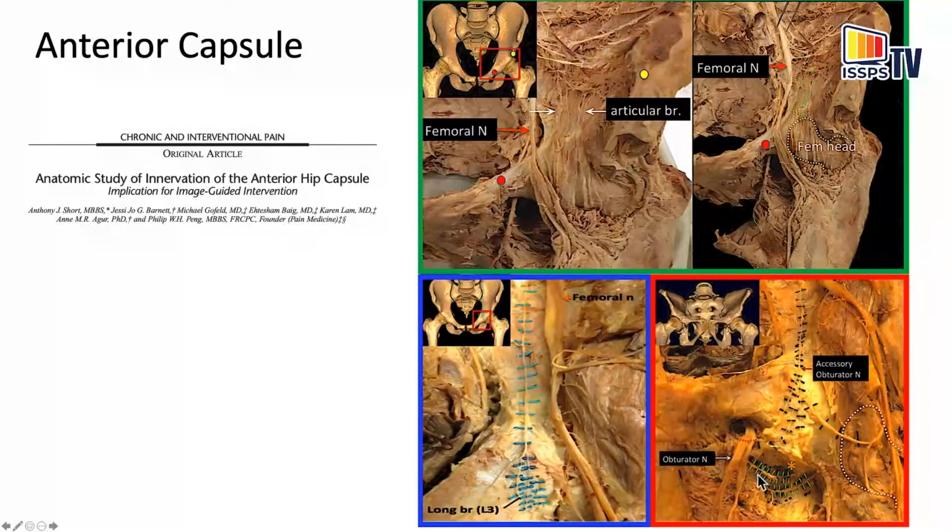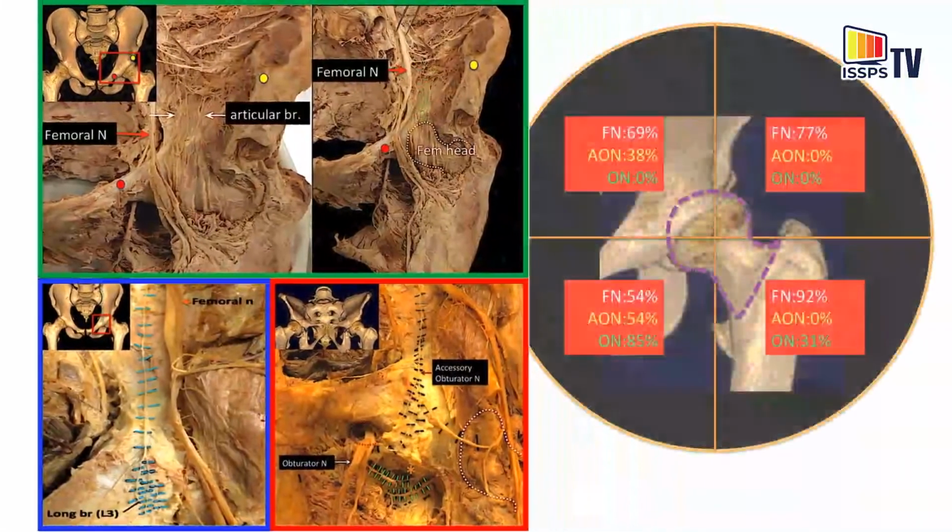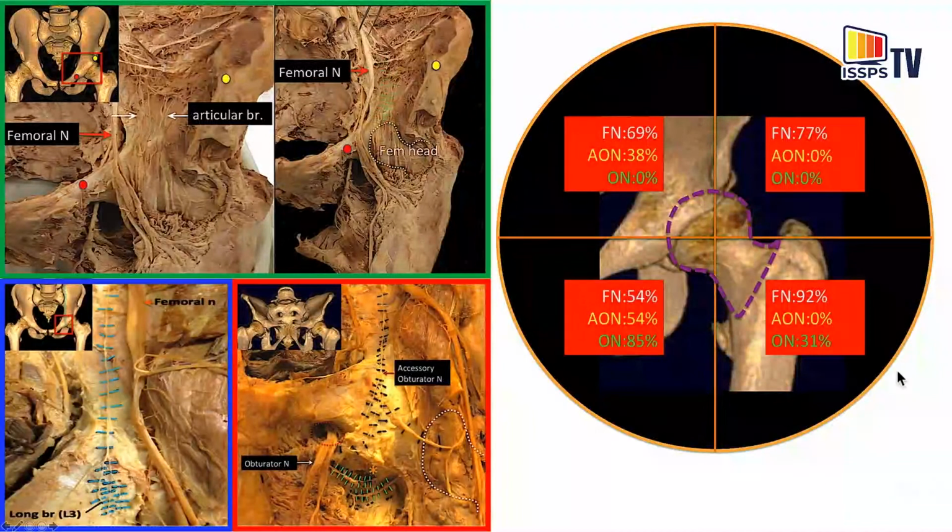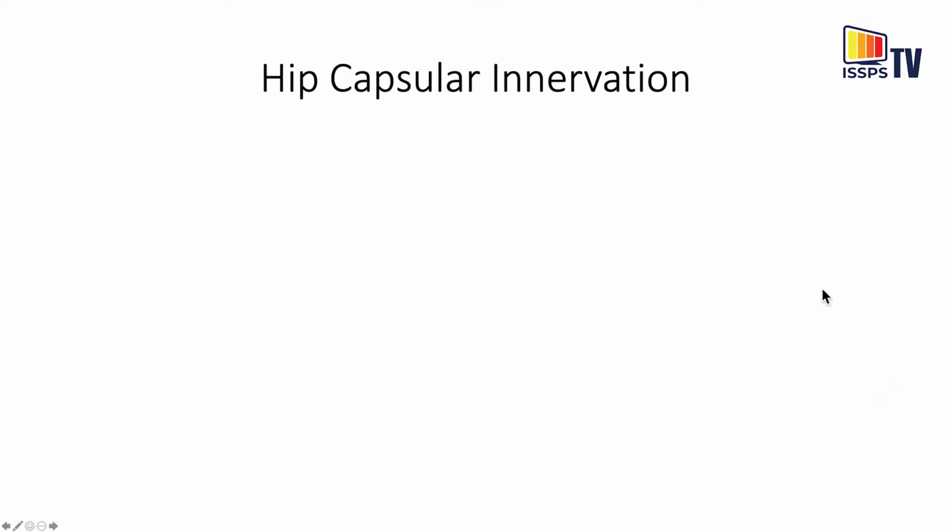The articular branches cross below this, which is called the inframedial acetabulum, and cross to the joint capsule and supply the inferior aspect of the joint capsule. So to summarize, the femoral nerve is very abundant, supplying all 4 quadrants of the femoral head and neck and hip joint, and the accessory obturator supplies the medial half, and the obturator supplies the inferior half.